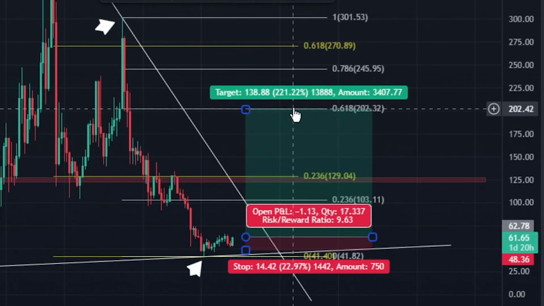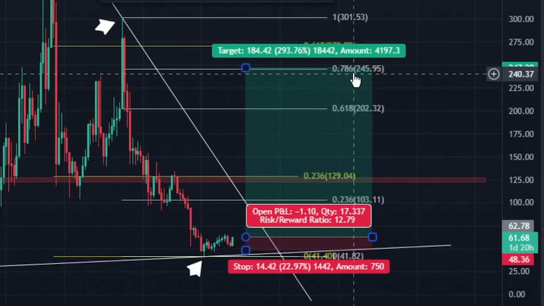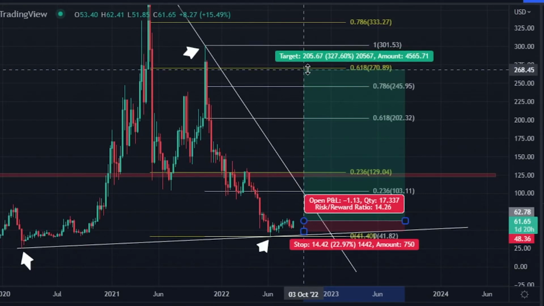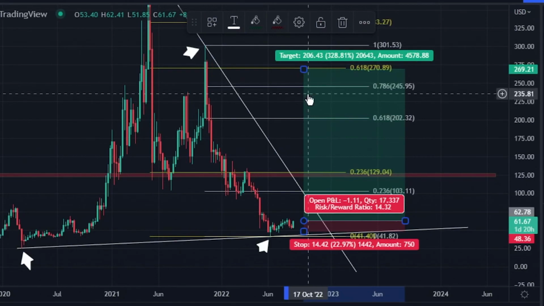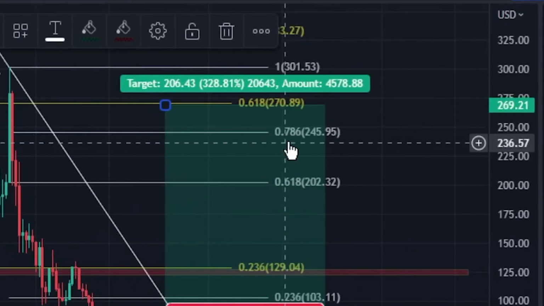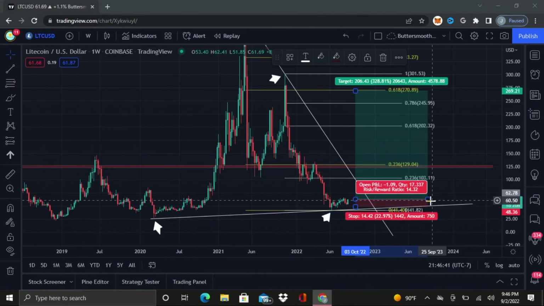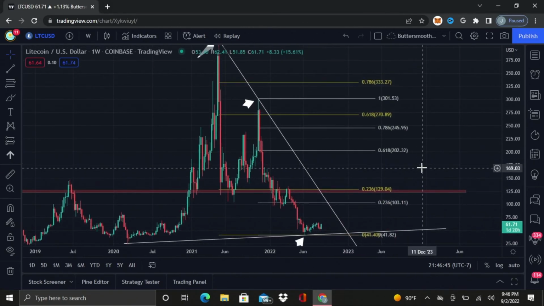I would sell 25% of my overall position here, maybe another 25% at the 78.6, and then possibly just let it ride. Then once it gets over the yellow 61.8, just stick a trailing stop loss here at 245. That's a beautiful, beautiful gain for Litecoin. As much as there are hurdles for it, there's a lot of potential as well.